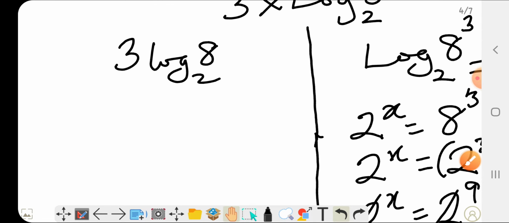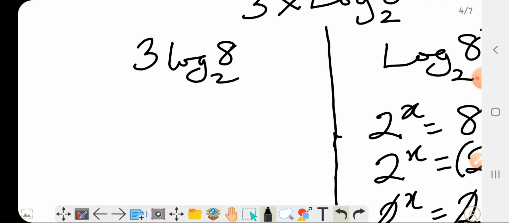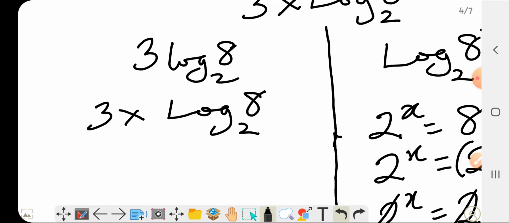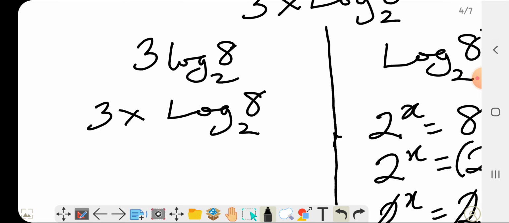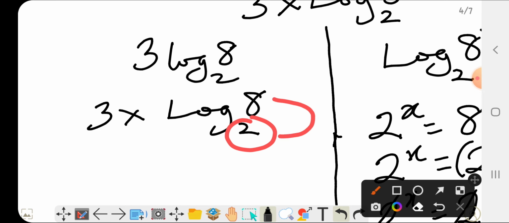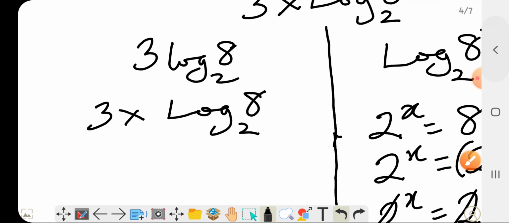So in this case, this one means 3 times log 8 base 2. So now we're going to focus our attention here and simplify only this one. So simplifying only that one, we're going to ask ourselves 2 raised to the power what will give 8. Of course, we don't know it, so let it be x. So let's equate that power to x.